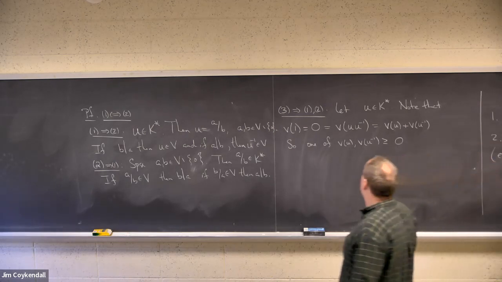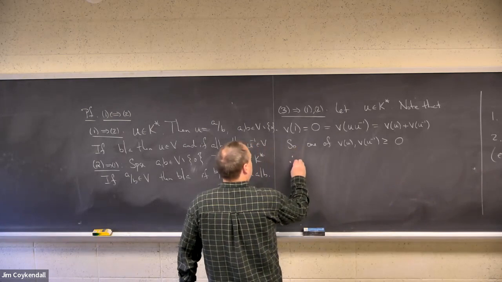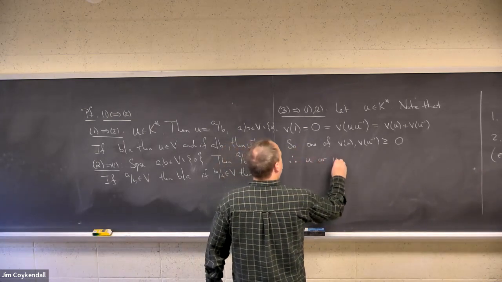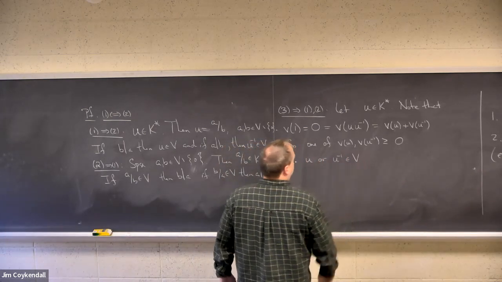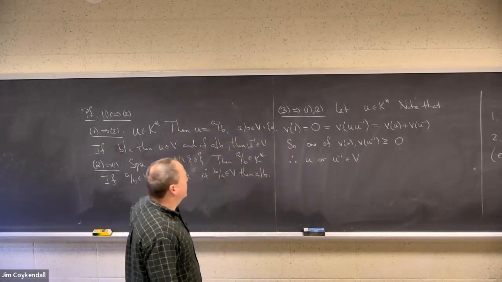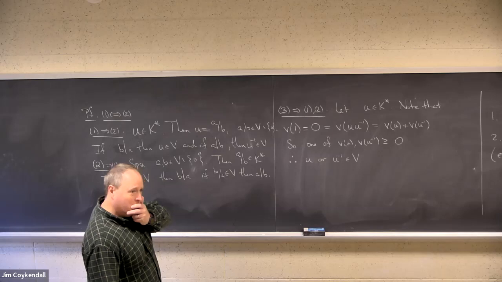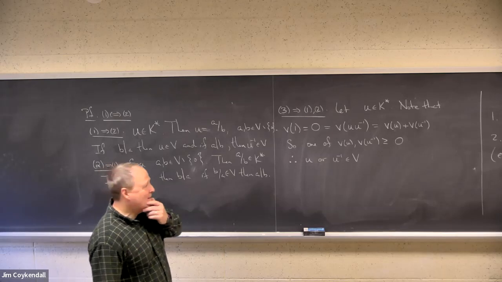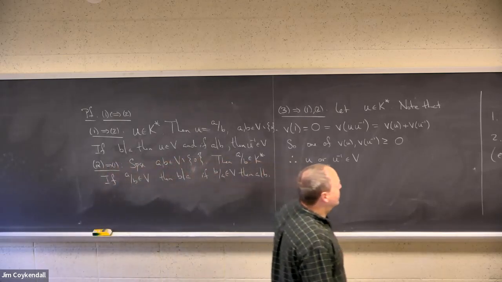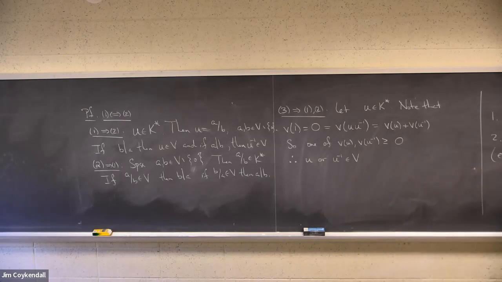Therefore U or U inverse is in V. So that gives 2 implies 3. Now I want 1 and 2 implies 3.